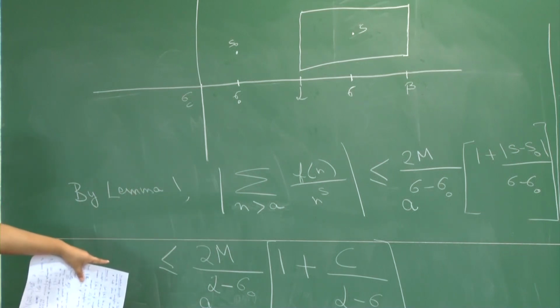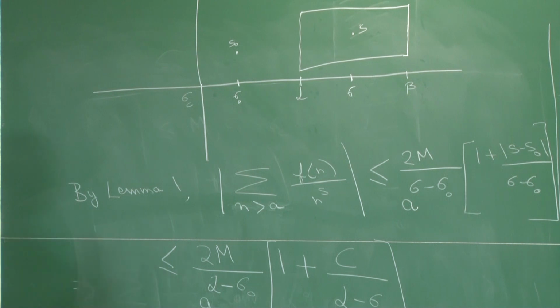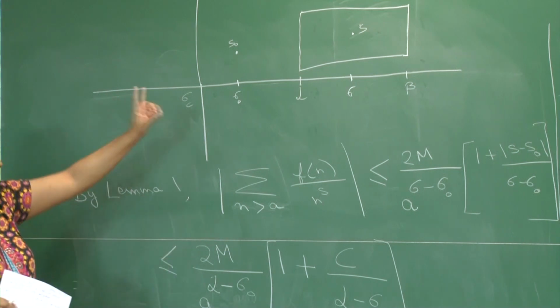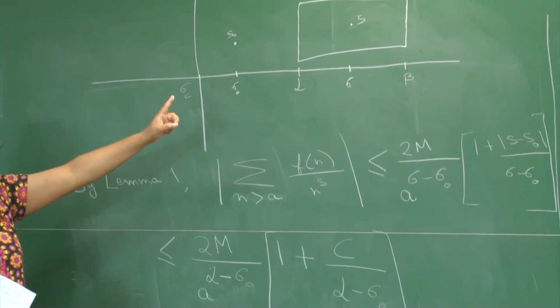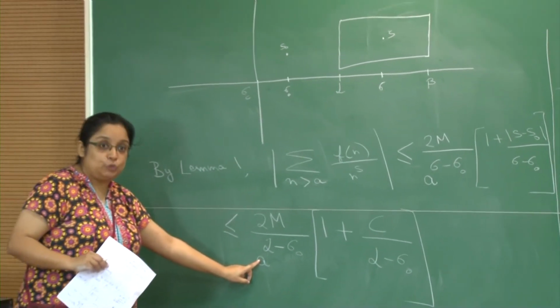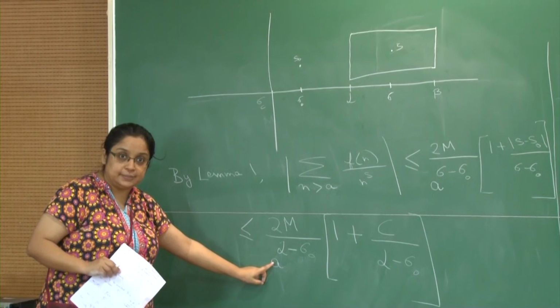and therefore, as a goes to infinity, the most important observation is that this bound now does not depend on your choice of S at all. It is dependent on your A, which is what you want for uniform convergence.